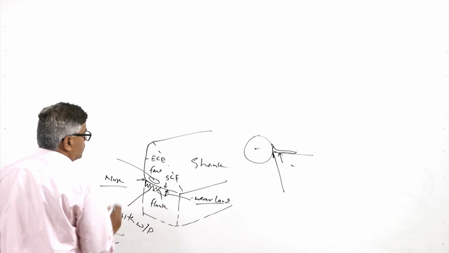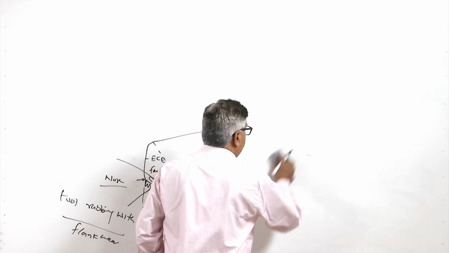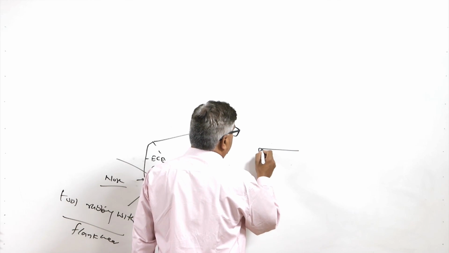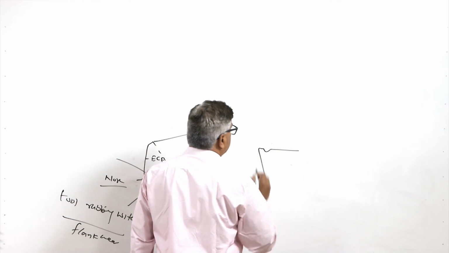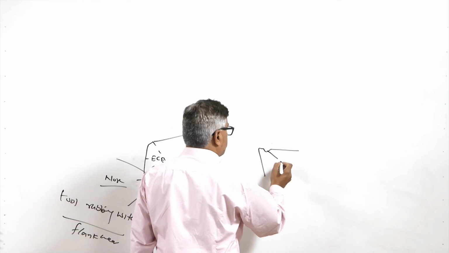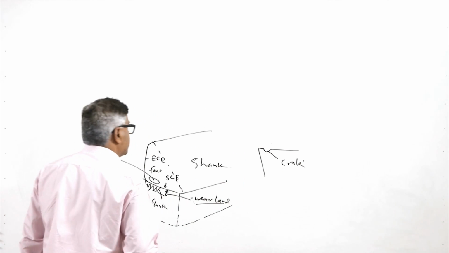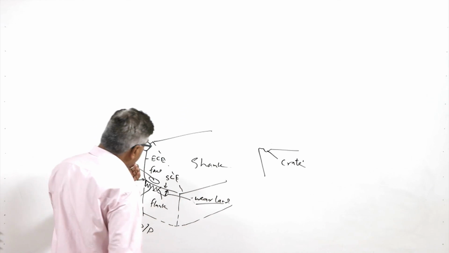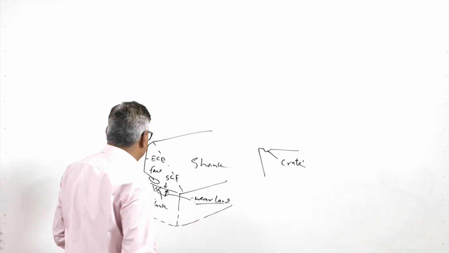So, this is the region where a small crater is formed, which inside view we can see. This is the normal new tool. So, the crater is formed. When the crater is formed, it results in the formation of a crater in this way. This is the crater near the cutting edge. It is formed due to the continuous rubbing between the chips and the face of the tool.